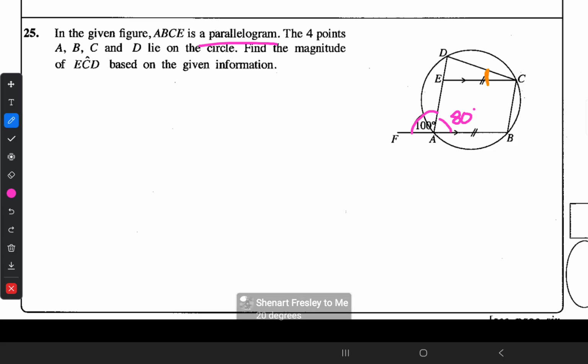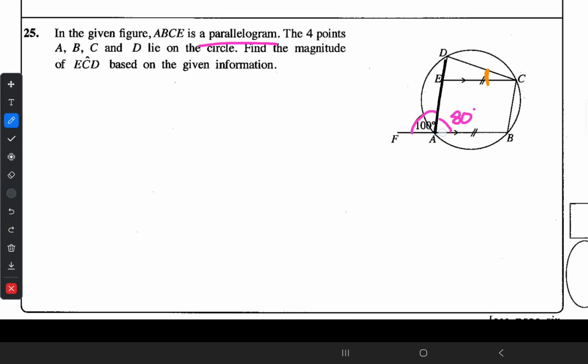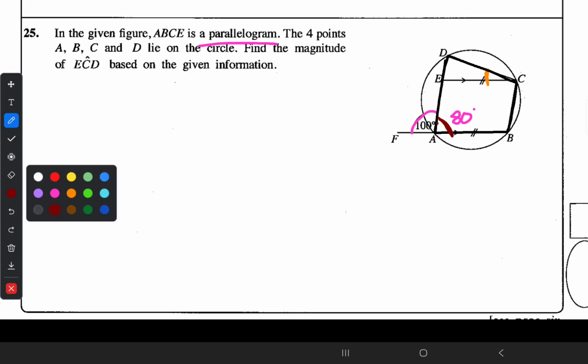And thereafter, just think about the cyclic quadrilateral theorem. In a cyclic quadrilateral, the sum of opposite angles equals 180. Accordingly, if this is 80, this total angle would be 100. But we don't need the total angle. We need a portion of that angle.